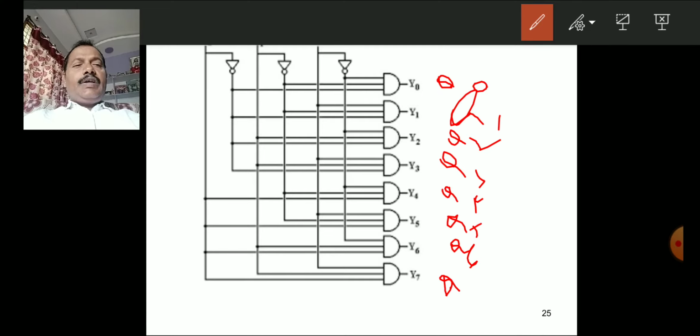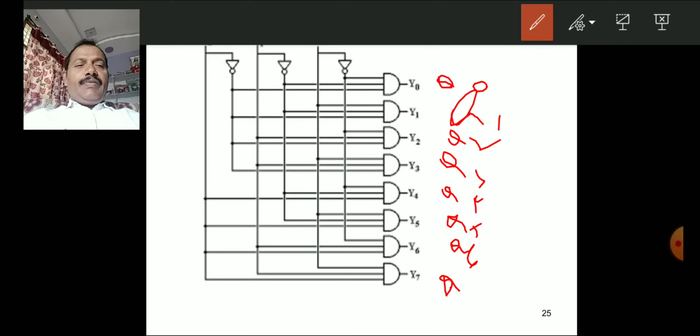So here in this Y0 to Y7, either they can be called as Q0 to Q7 or Y0 to Y7, no problem. And the selection lines, the input lines S2, S1, S0, you can call them as XYZ, whatever it may be. But the circuit connections are very simple, and you can observe here.